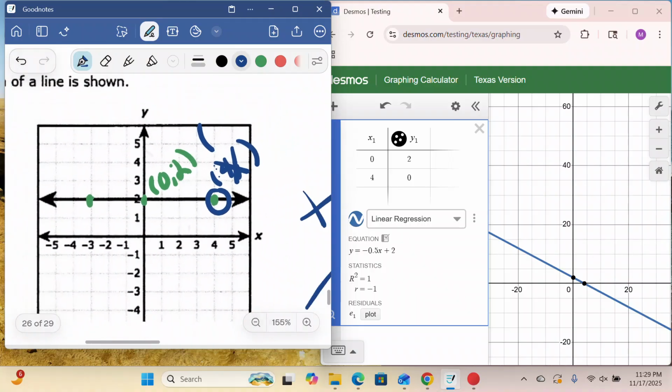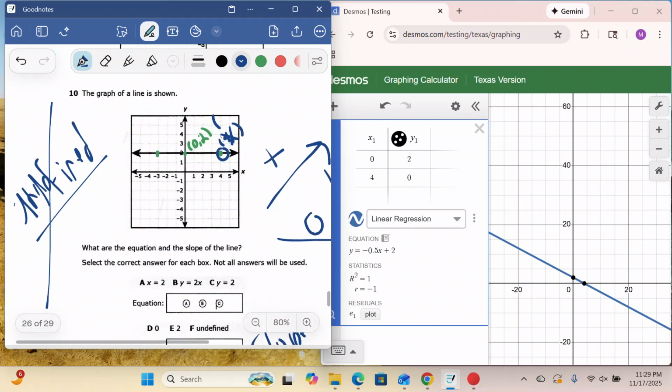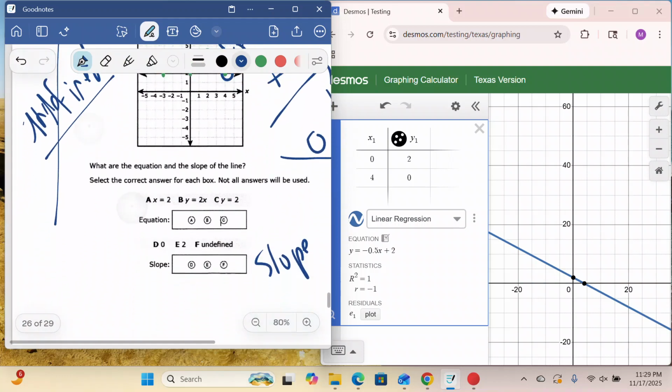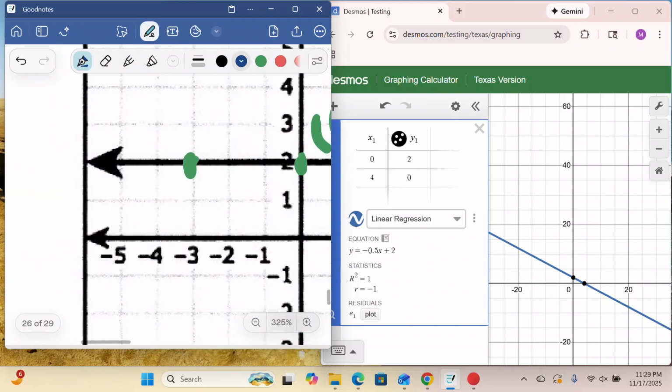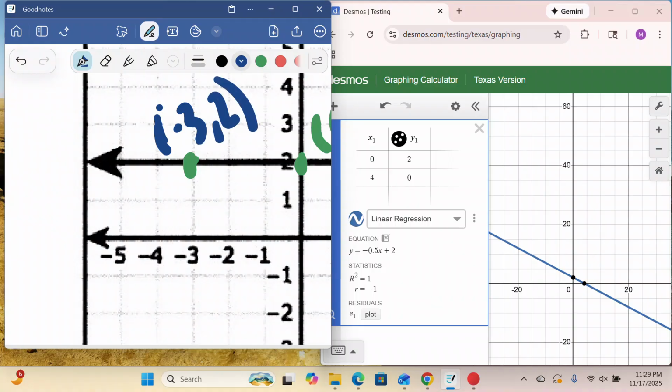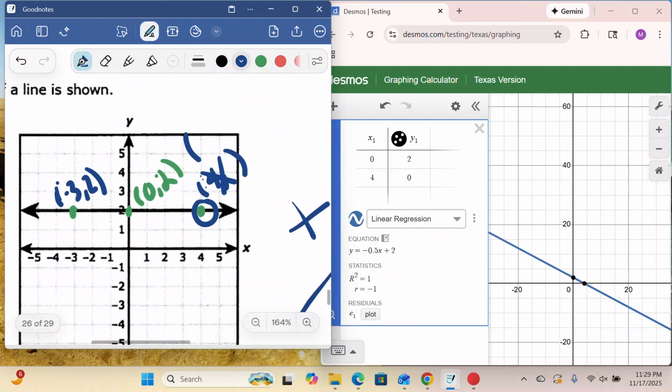So then what we're going to have to do is scratch this and look at the equation and regroup on this one. I'm going to say, well, it's -3, 2. This is -3, 2. And then this one is 4, 0, no, 4, 2, sorry.